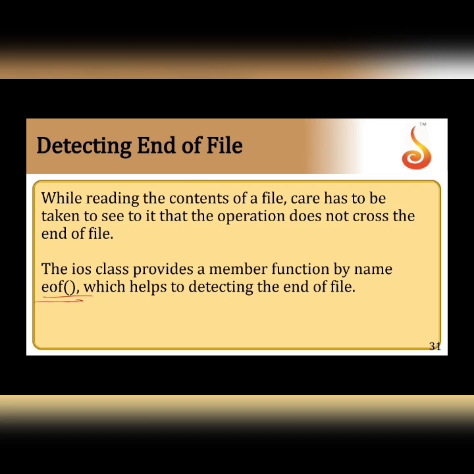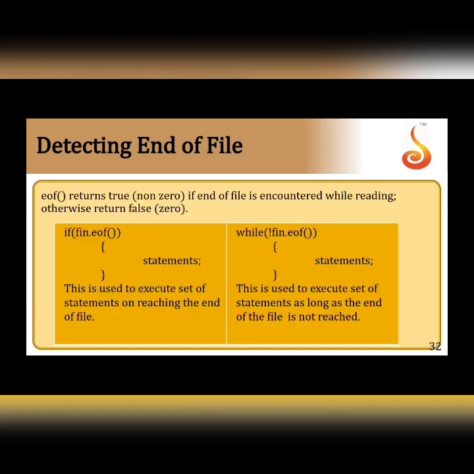So when it comes to the end of file, it gives you a true, non-zero value, whereas if the end of file is not encountered, that is, if still some data is left to read, then it will give you a false value. If we go through this, see, if this is true, these statements are executed on reaching the end of file, right?